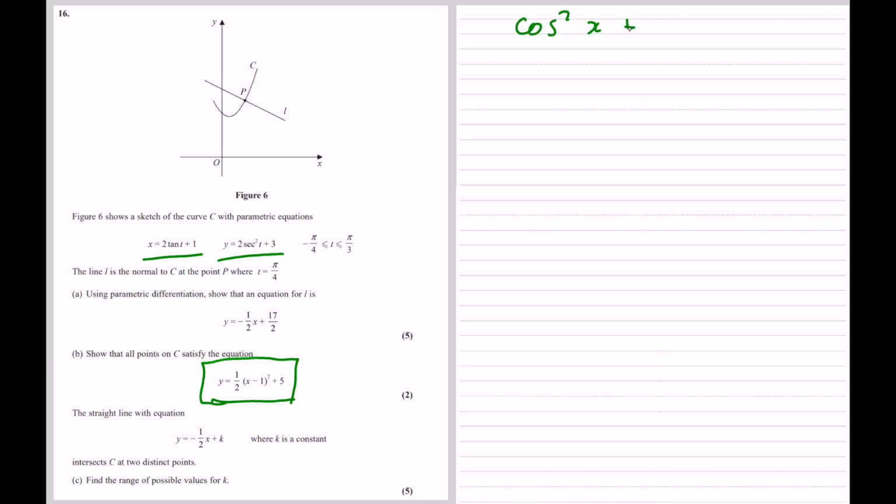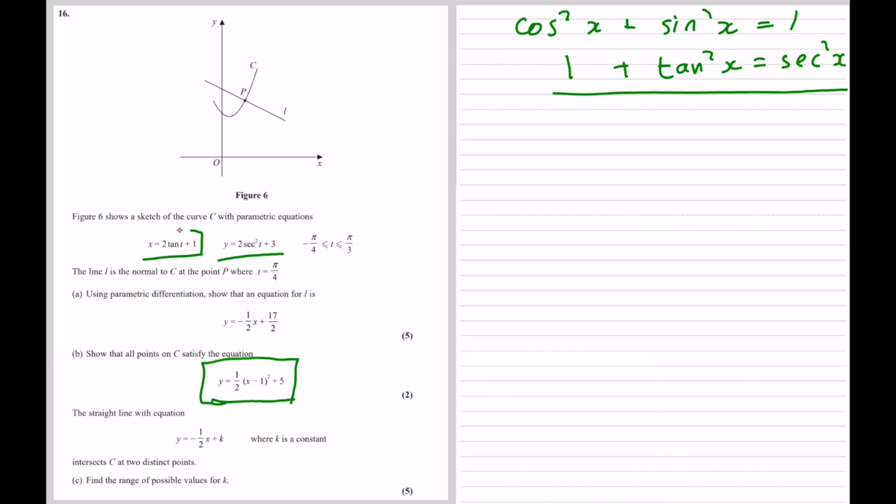So cos squared x plus sine squared x is equal to 1. There's one that connects tan and sec. So if I divided each term by cos squared x, I'll get 1 plus tan squared x equals sec squared x. So we can use this identity.